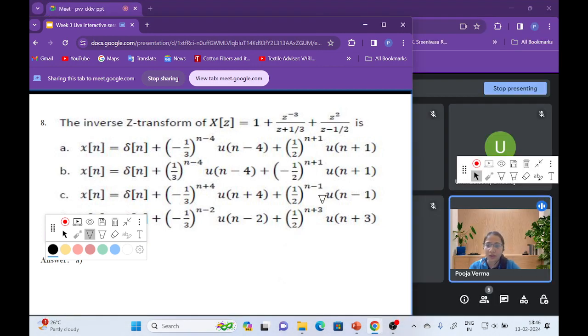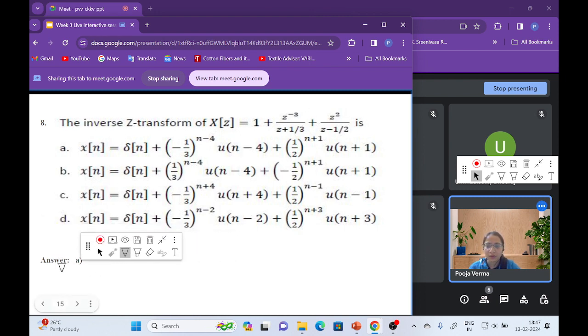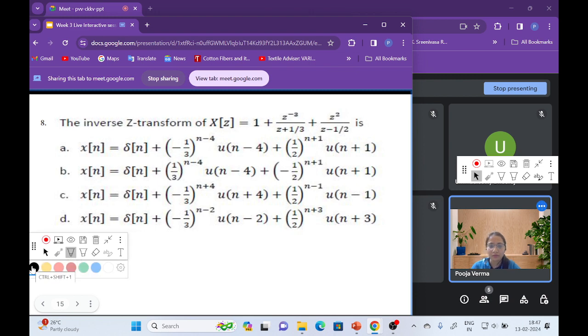Okay. So the next question is the inverse z transform of x of z, given as x of z is equal to 1 plus z to the power minus 3 times z plus 1 by 3 plus z square divided by z minus 1 by 2. What will be the inverse z transform of this function? How can you find it? I have already recapitulated this point.